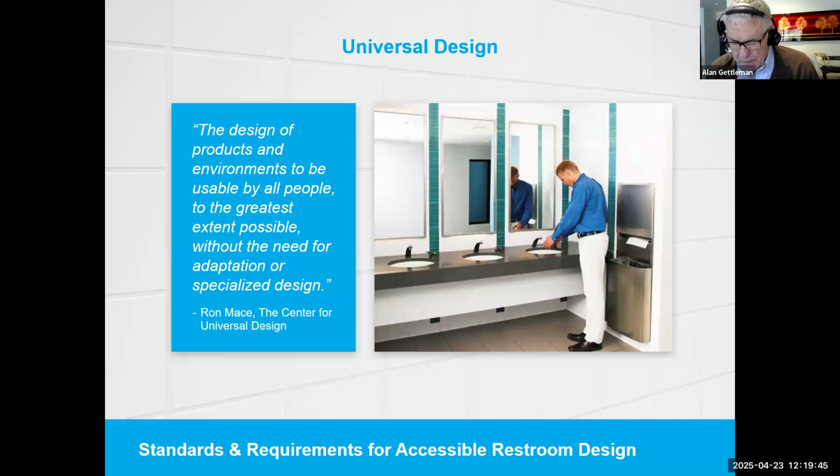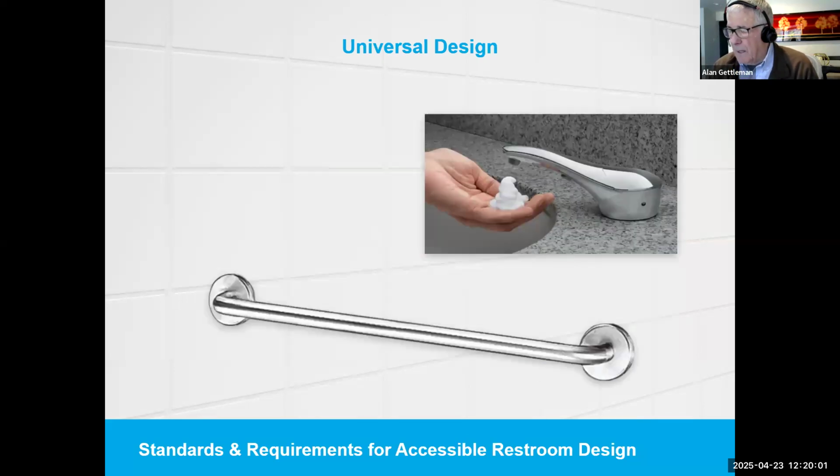A universal design approach improves accessibility of products, spaces, and building elements to ensure they are usable to the greatest extent possible by people of all ages and abilities. Universal design can be accomplished by the following strategies.